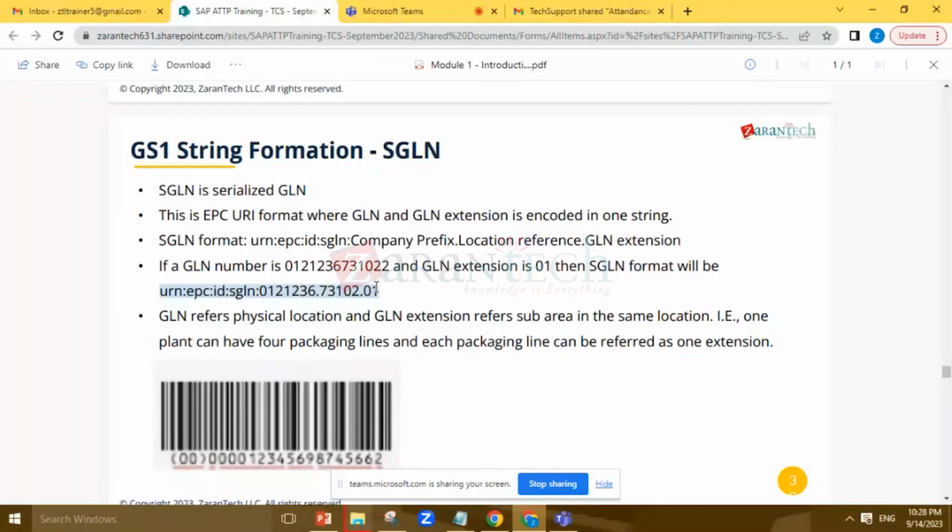That is known as an SGLN. The SGLN format is like this. When this kind of format comes, ATTP will understand that this is the global location number, this is the company prefix, this is the location identifier, which can be any number, your plant name, etc. And this 01 is an extension: 01 packaging line, 02 packaging line, etc.